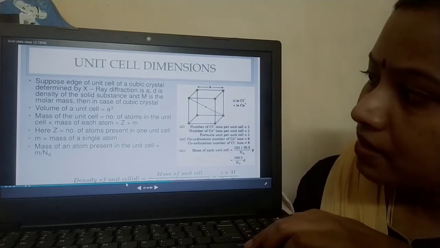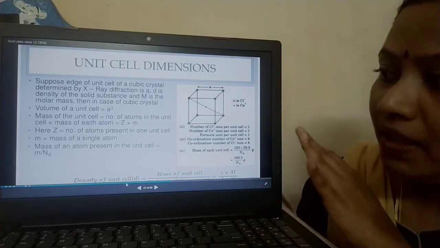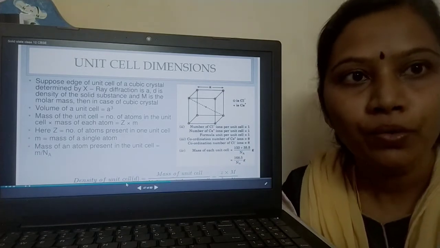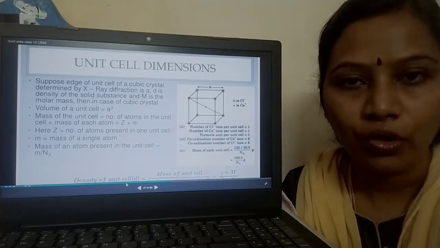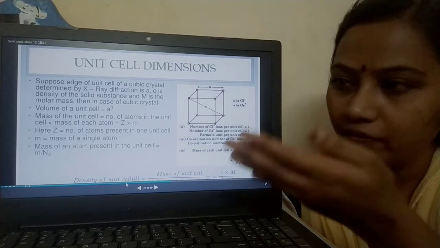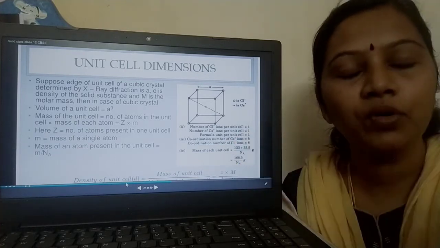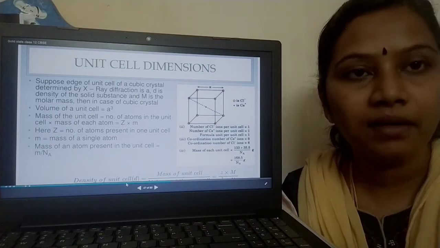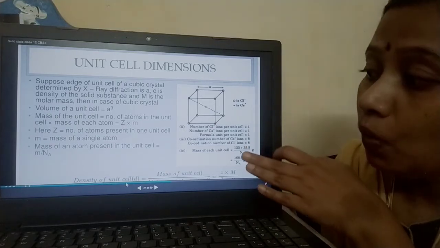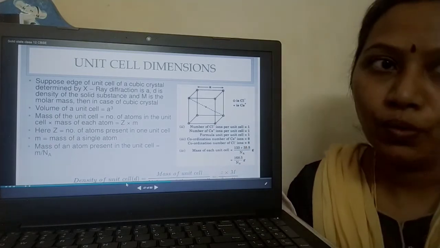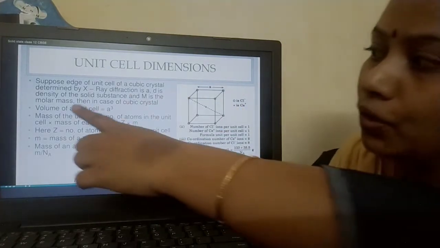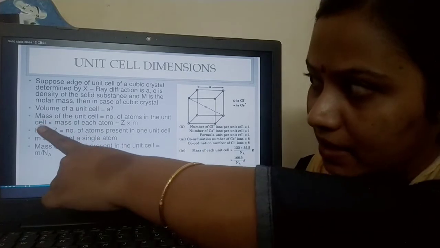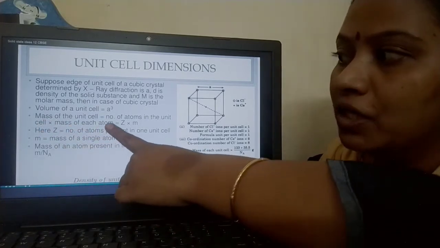Now this will be the definition for the density of a unit cell. We already know density is equal to mass by volume. Till now we have seen in the 3 slides the volume of the unit cell for simple cubic, face-centered and body-centered. Now what is the mass of the unit cell? Children, the mass of the unit cell is equal to the number of atoms in the unit cell into the mass of each atom.